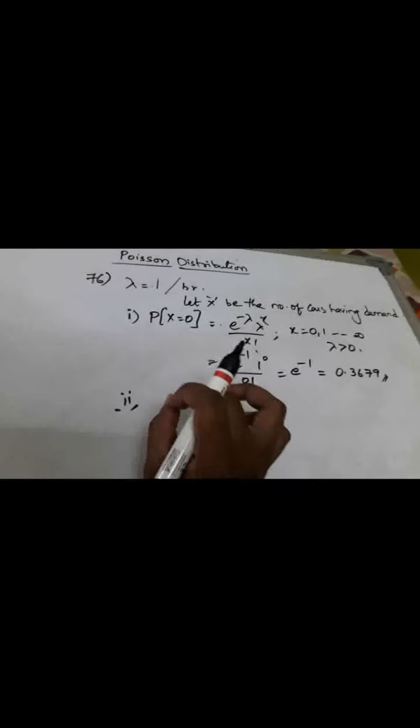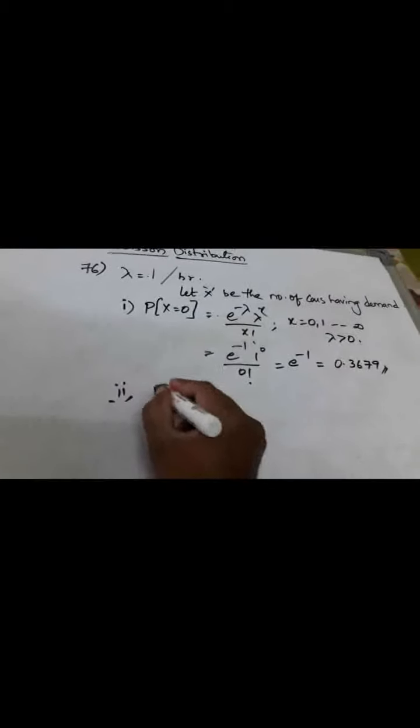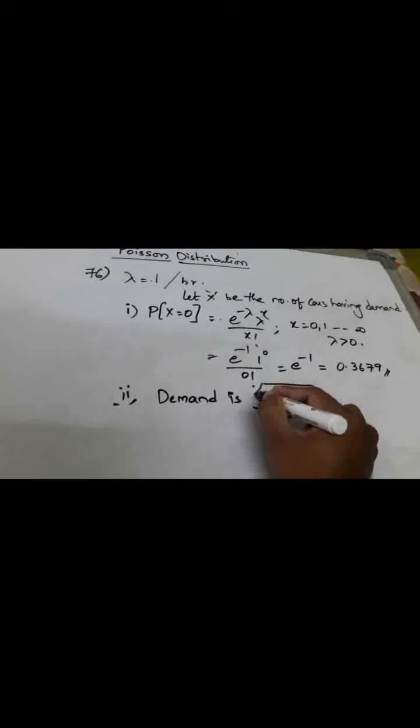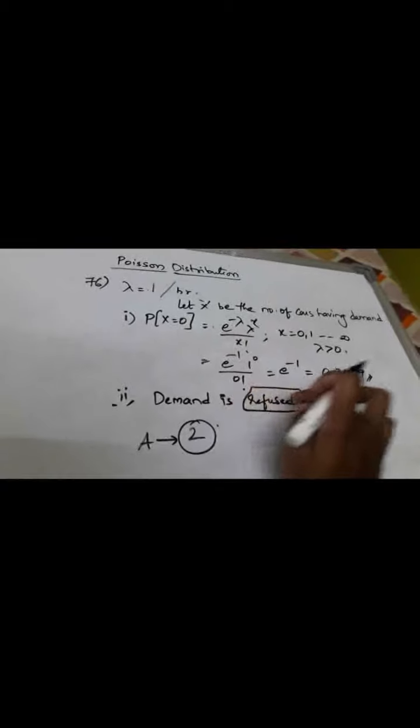Now this is a very important sub question. Some demand is refused. Demand is refused. What does it mean? First and foremost, I said, how many cars do we have? Only 2 cars. An agency has only 2 cars. Now, demand is refused. When will the demand be refused? If I have 1 car, I will not refuse the demand. If he asked for 2 cars, if he demanded 2 cars, I am not going to refuse.